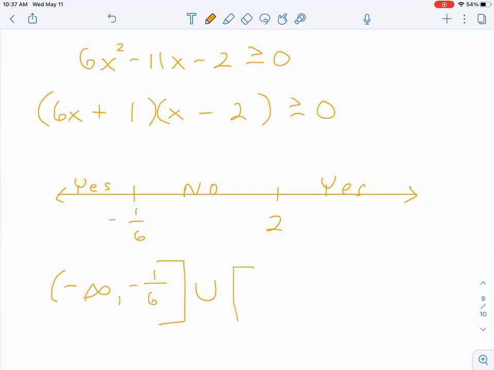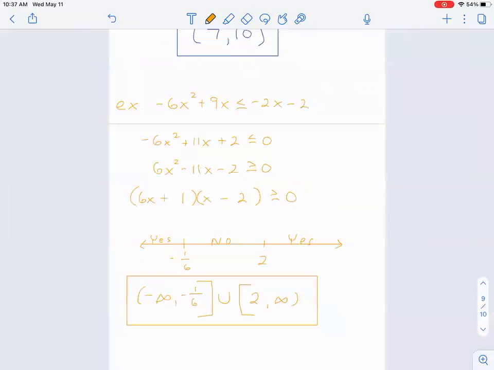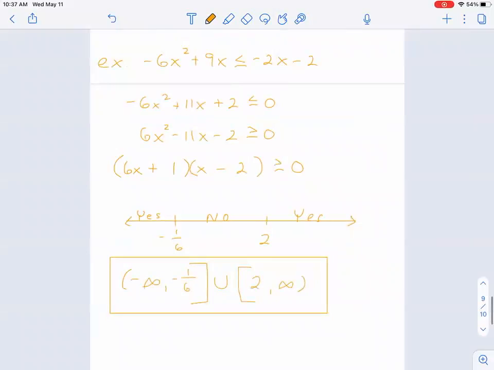And then union, bracket, from 2 to infinity. So that is our final answer. All right, any questions on that, guys?